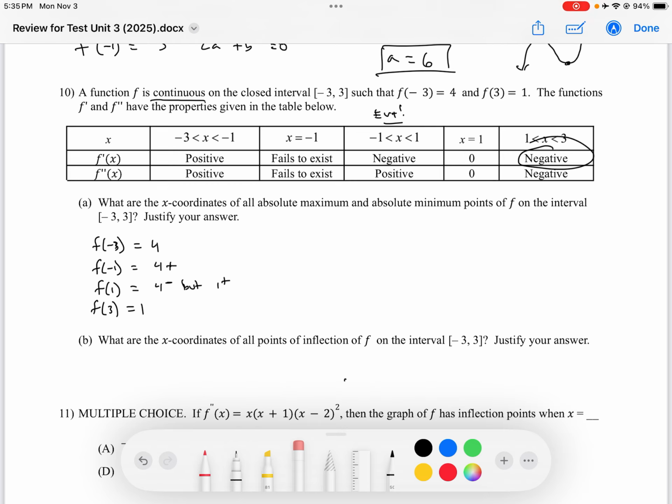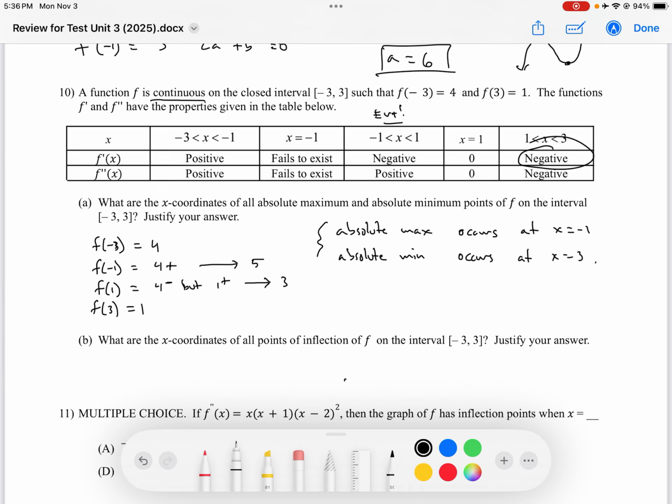So let's say, I don't know what these are, but this could be like 5, and this could be like 3. So what we know for sure is that the absolute max occurs, I don't know what it is, but it occurs at x equals negative 1, and the absolute min occurs at x equals 3.